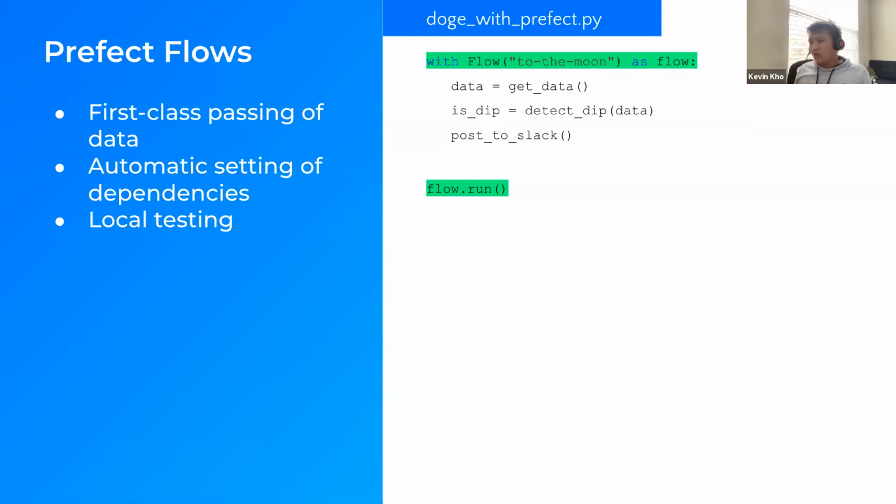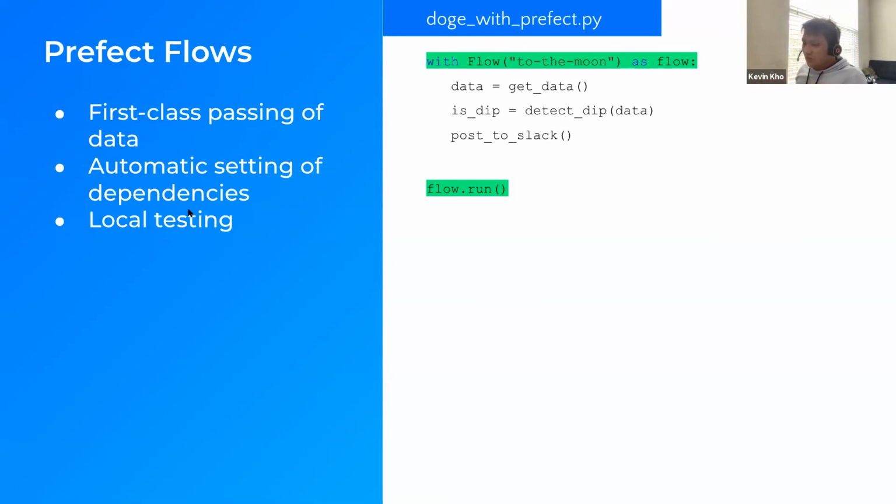So Prefect supports passing of data as a first class mechanism. And then notice that I'm not setting set upstream, set downstream. Prefect is taking in this data task and automatically setting that get data task as an upstream dependency. So it's a lot more Pythonic to use.